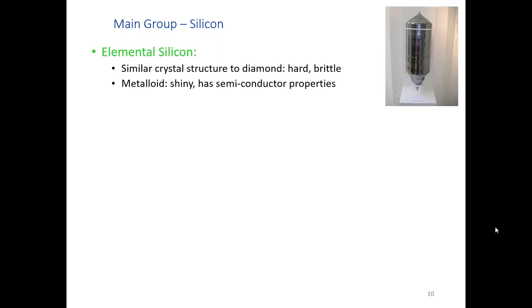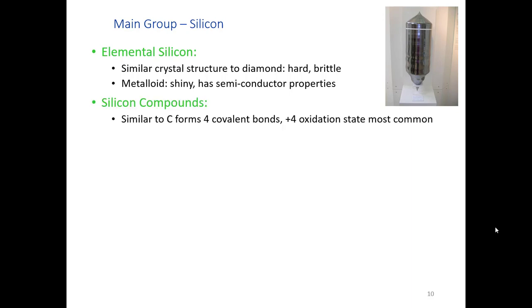Silicon is classified as a metalloid because it has a shiny appearance and it has semiconductor properties. We will briefly review semiconductors on the next slide. Like carbon, silicon can form 4 covalent bonds, but it generally adopts the +4 oxidation state. Why don't we see the same variety of silicon compounds as carbon compounds?